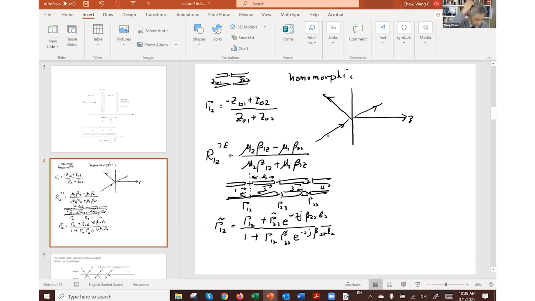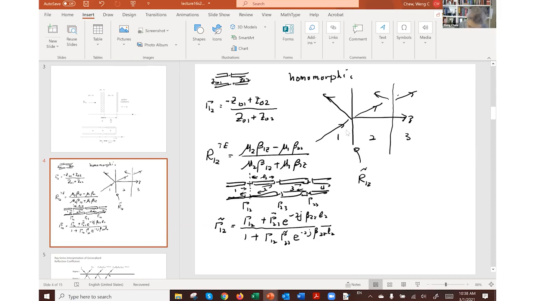Okay, so using the same concept, we can say that if we have now say a layered medium where we put in more than one layer, then the wave will bounce back in this manner. And then you can define a generalized reflection coefficient for the 1,2 interface. Let's say that this is medium 1, 2, and 3.